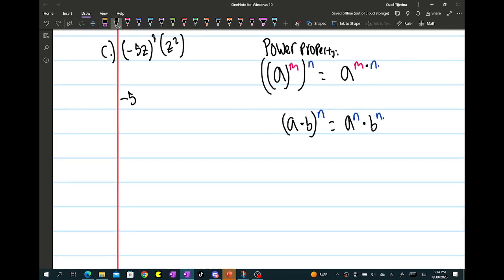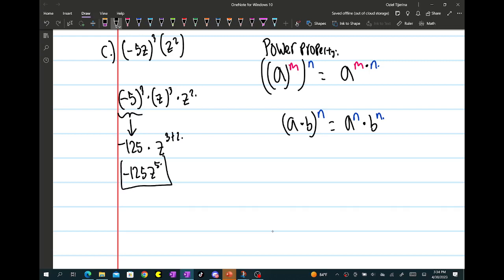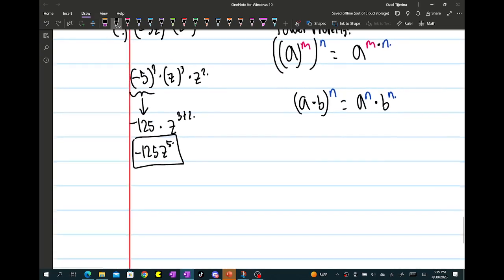We have negative 5 quantity cubed times z quantity cubed times z squared. So then this becomes negative 125 right here times z cubed times z squared, again product property. So we're going to say z to the 3 plus 2, which is negative 125 z to the 5th power. This is our answer for this one.